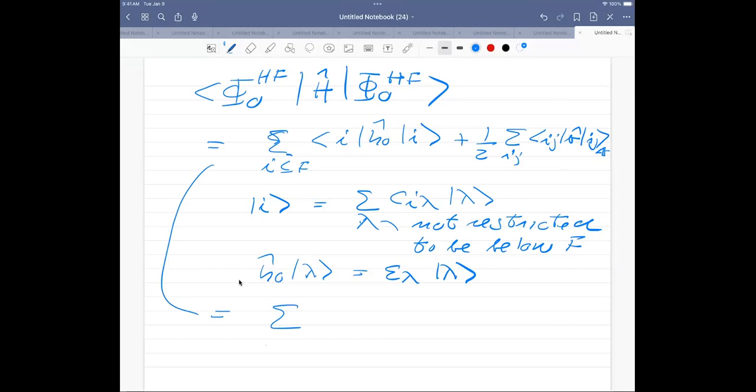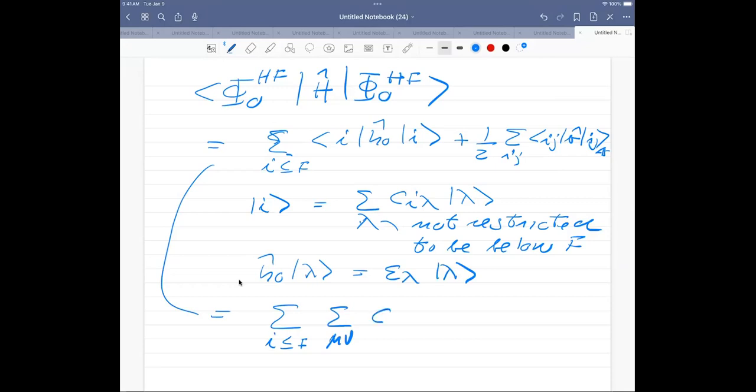So there's going to be a sum over i less than F, and this sum runs over the particles below the Fermi level. You will often see this indicated as a density-dependent term. And if I now plug it in here, I'm going to have a summation over mu and nu, because I'm inserting these coefficients.